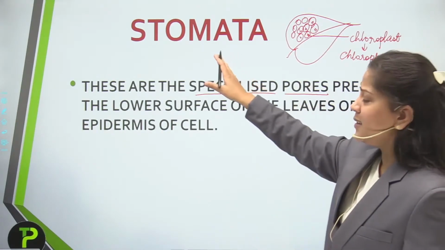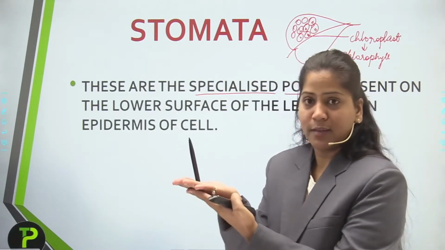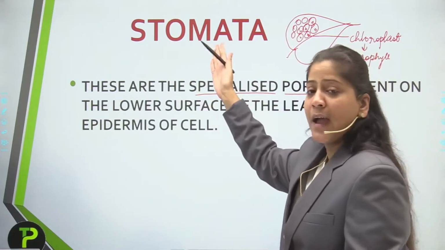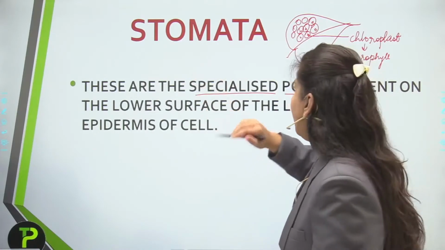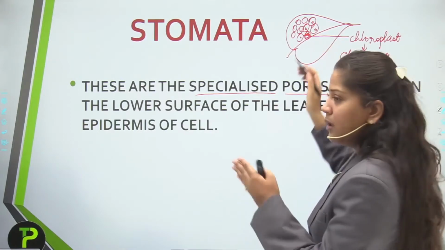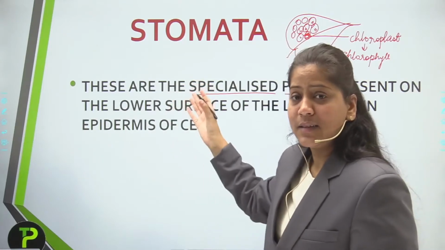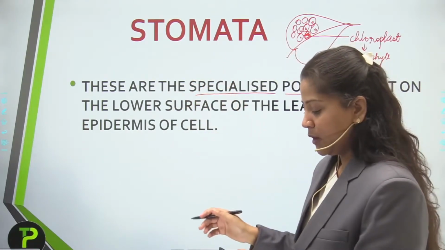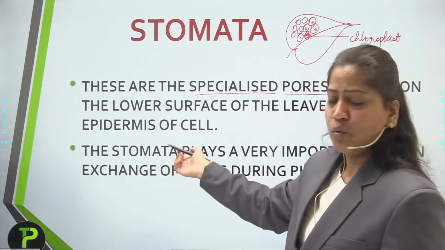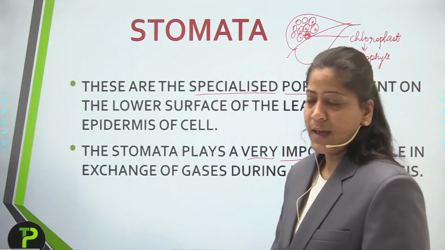Now where are the stomata present? On the lower surface of a leaf. The lower surface of a leaf contains these tiny pores known as stomata. We can also say the epidermis, the outermost layer of cells, contains these stomata, which help in gaseous exchange. So stomata play a very important role in the exchange of gases.